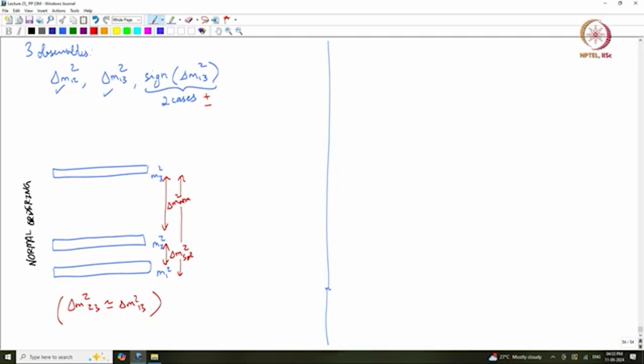So I have drawn many arrows here, but do not forget that this corresponds to delta m atmospheric squared and this corresponds to the solar neutrino measurement. Now why did I draw these bands? That is because in the bands I wanted to depict how much flavor eigenstate these mass eigenstates actually contain.